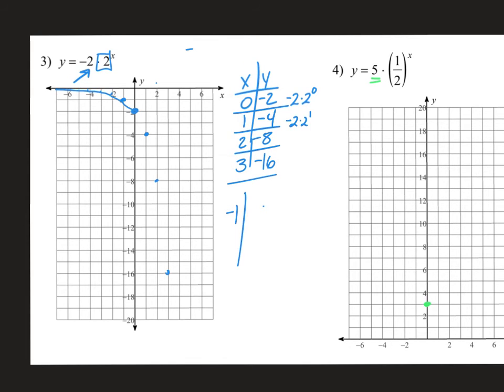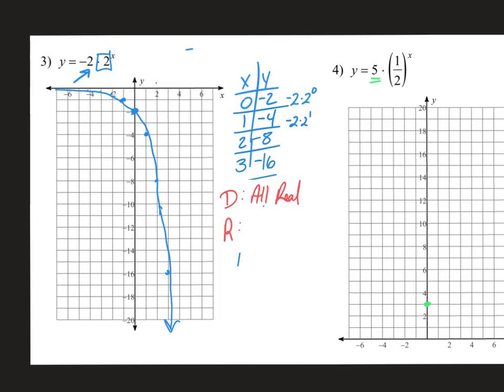So our asymptote makes our graph look like this, with our domain of all real numbers and our range.